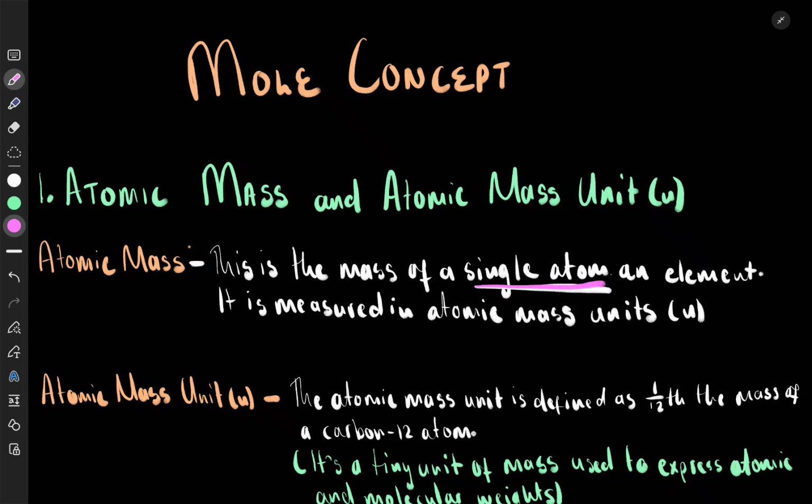Now, because it is so small, for us to be able to work with it, we use a unit called the atomic mass unit. This is the same principle we use in many things in life.